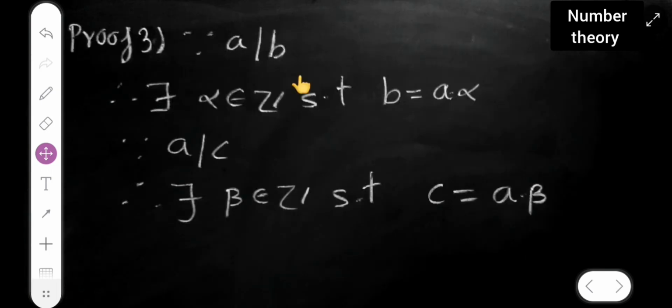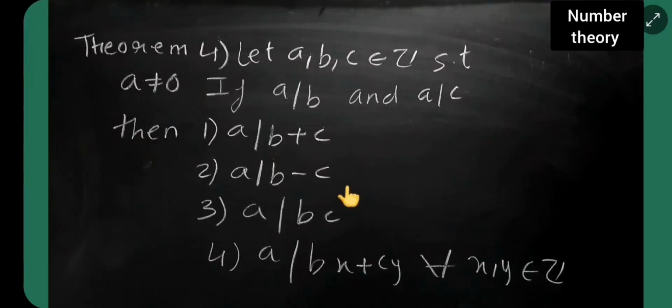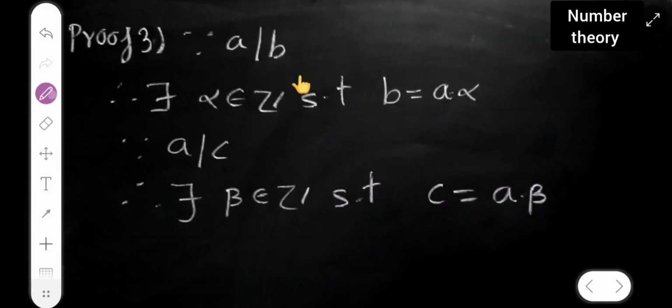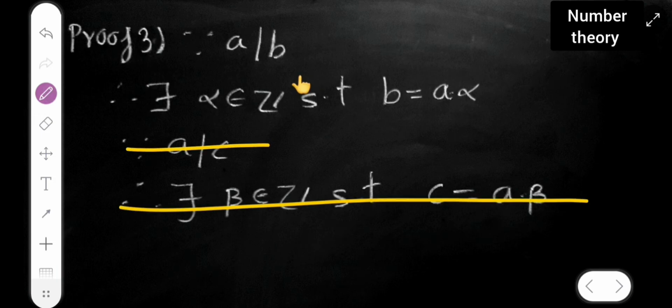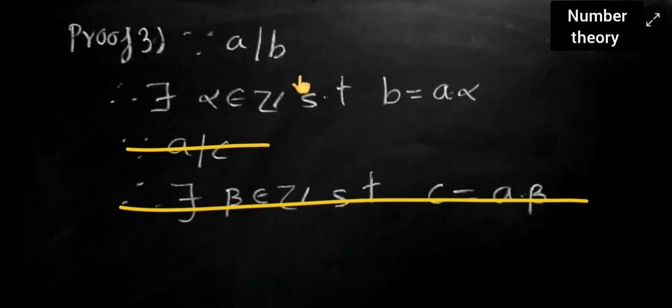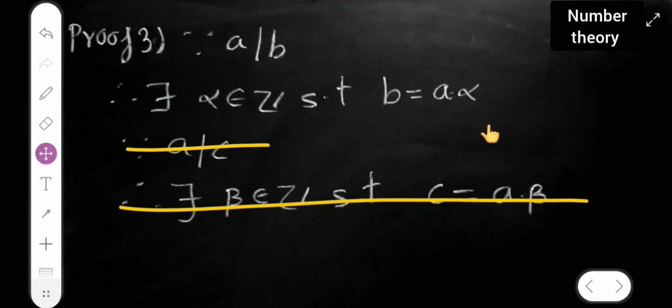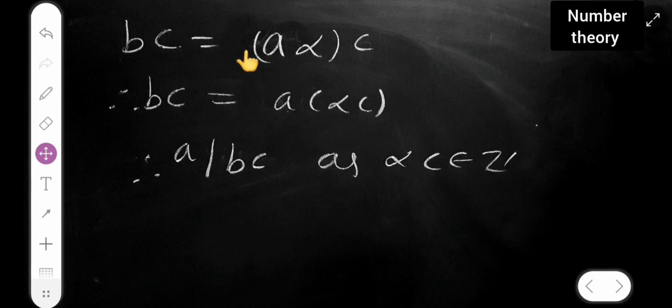Next is the third one. To prove the third one, for the third one there is no need for this step, okay. Since a divides b, therefore there exists alpha belonging to integers such that b is equal to a alpha. Okay, now what is bc equal to?